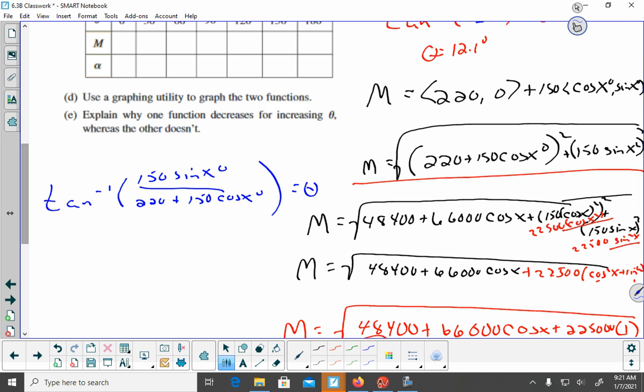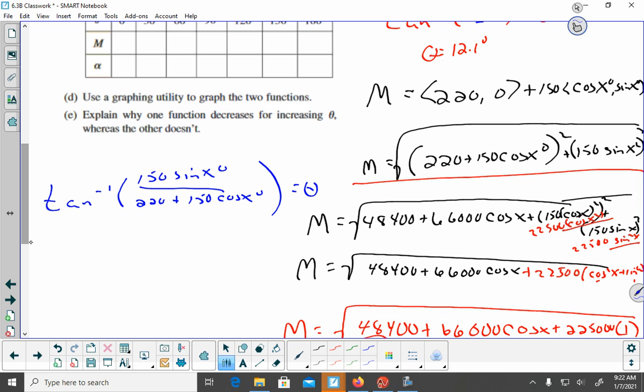If I'm putting this in my calculator, I can put the degree symbol in when I type in the 0 degrees, 30 degrees, 60 degrees, when I type in the equation. But when I go to give my answer, it's going to give it to me in radians.